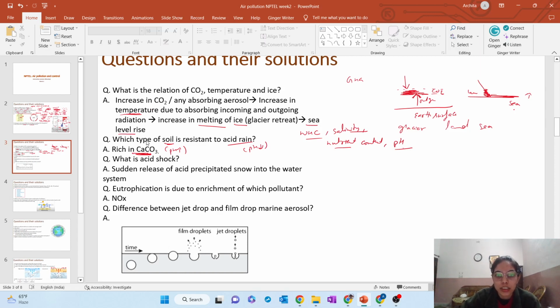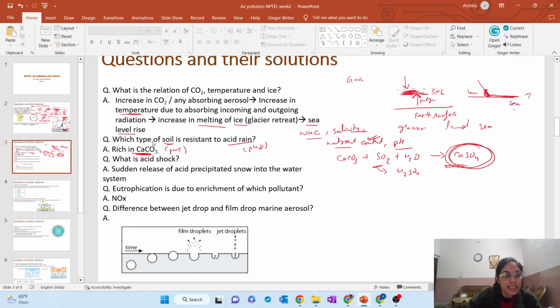Next is the nutrient. When this calcium carbonate reacts with, let's say, SO2, it leads to the formation of calcium sulfate. So instead of leading to the formation of H2SO4, this SO2 forms calcium sulfate in the soil, and hence the nutrients will be stable in this type of soil.